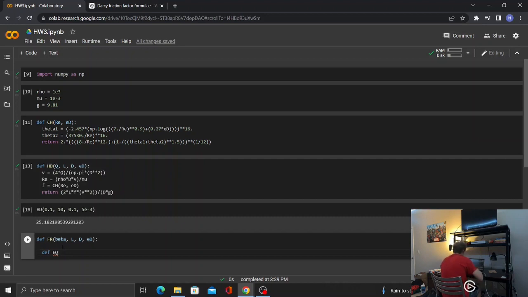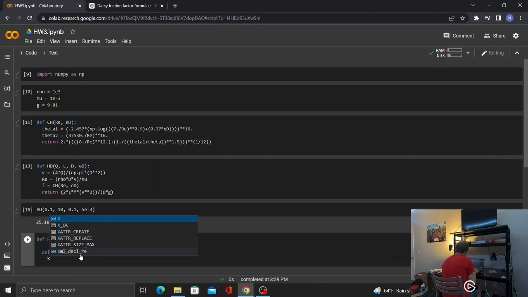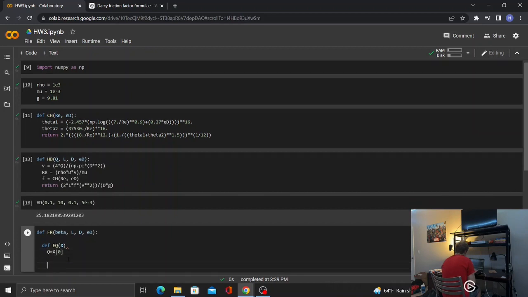So for that equation, we are going to want one value in a vector x, and we just want the first value in that vector to equal our flow rate Q. And let's make sure that we have our colon there as well.